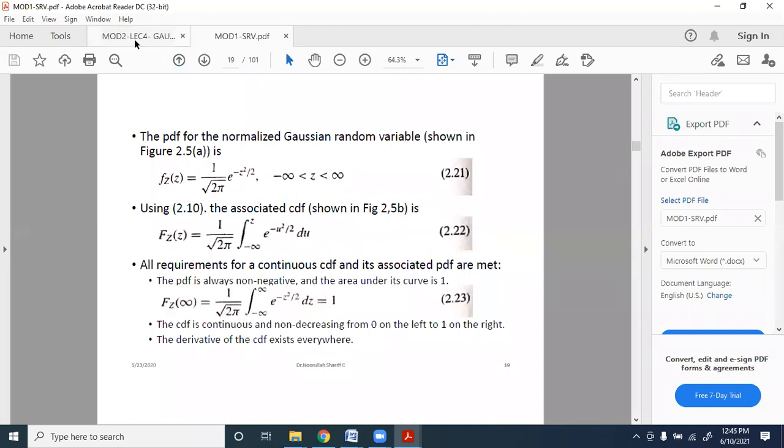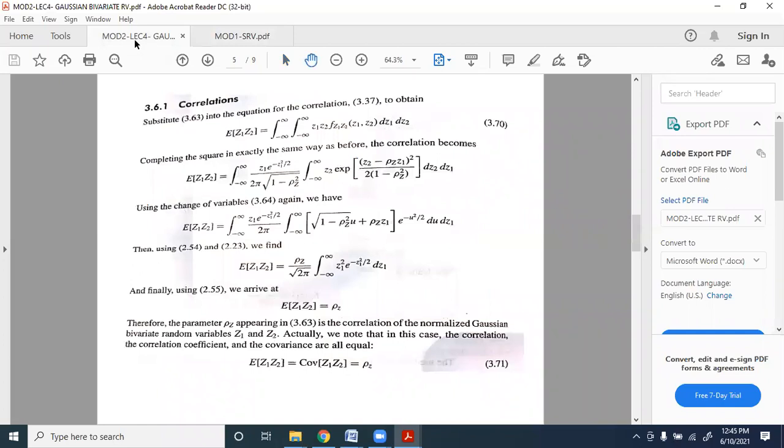If you use that, then we again get the quantity which is over here. And this will give us the integral of 1 by root 2 pi multiplied by the integral over here, which is going to give us the value 1. And that will give us E of Z1 Z2 equal to rho Z. So what does it give?